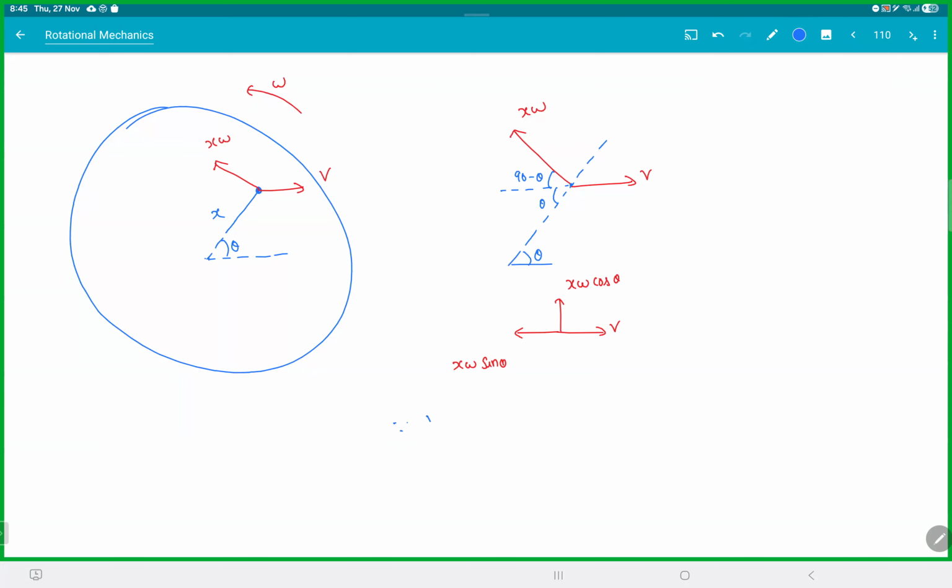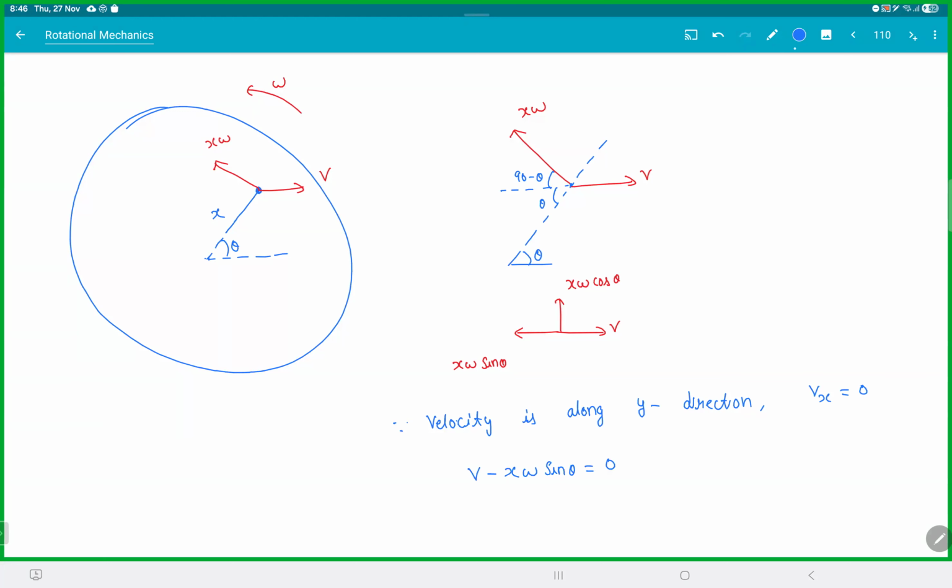Since velocity is along the y direction, vx must be 0. Therefore, v minus x omega sine theta is equal to 0.